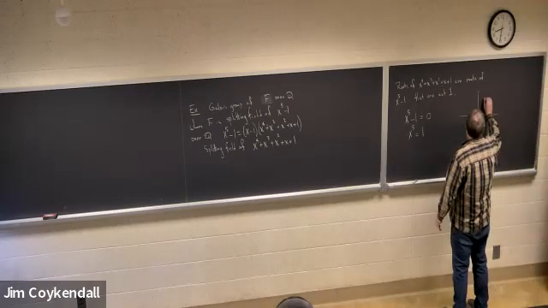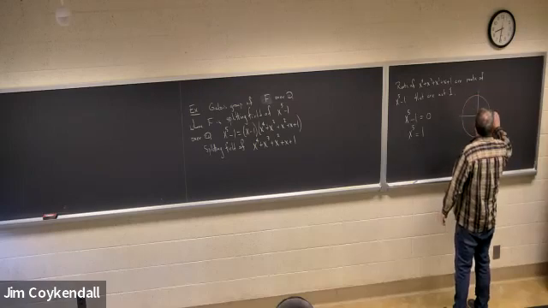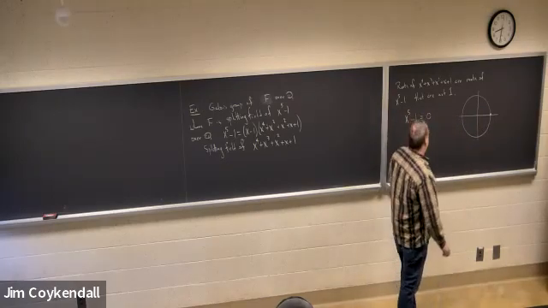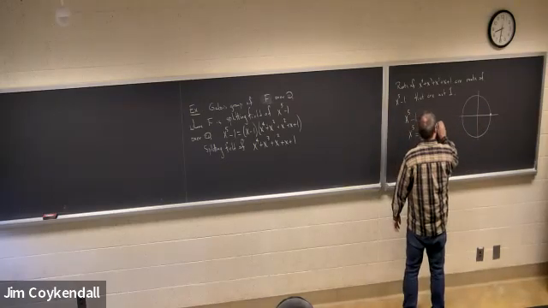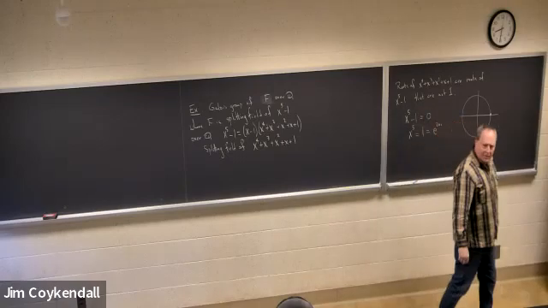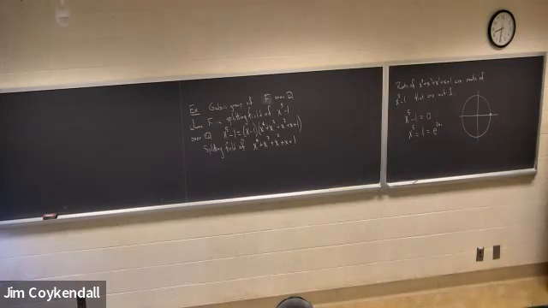And you can think of this on the unit circle. Another way to write one is that, right? Everybody knows that old chestnut, that's cosine 2 pi plus i sine 2 pi.